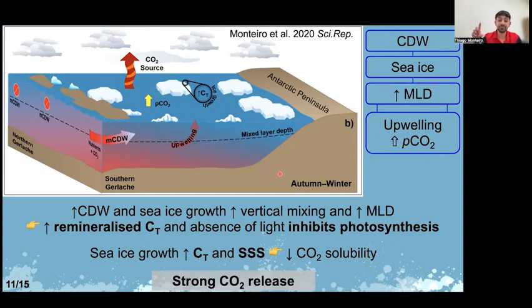And we have a deeper mixed layer depth that implies more mixing along the water column. We also have light limitation limiting the phytoplankton growth. And all of these conditions increase the pCO2 in the sea surface, and therefore the region releases CO2 to the atmosphere. And we also have some signals of the increase of inorganic carbon due to the sea ice growth as well.